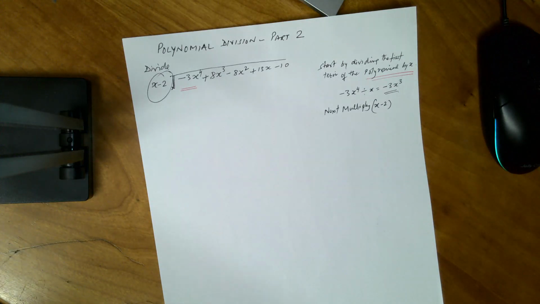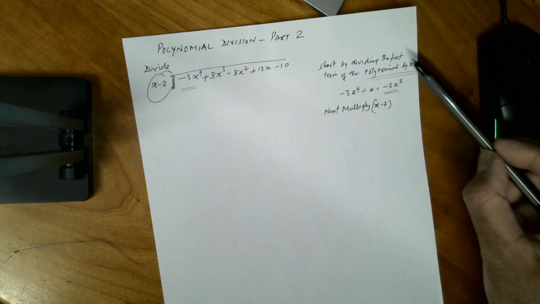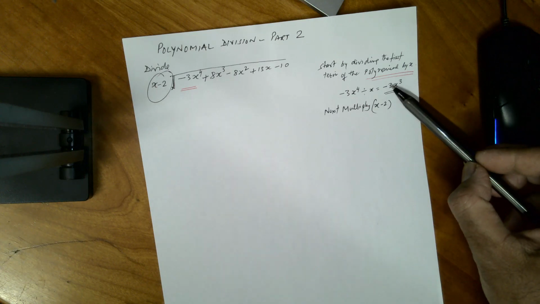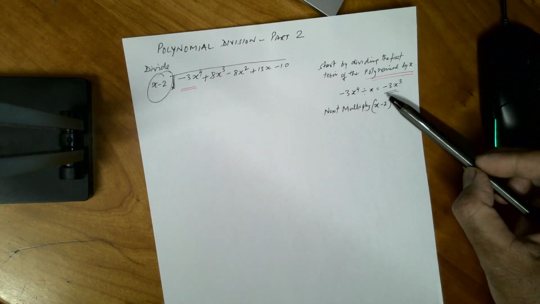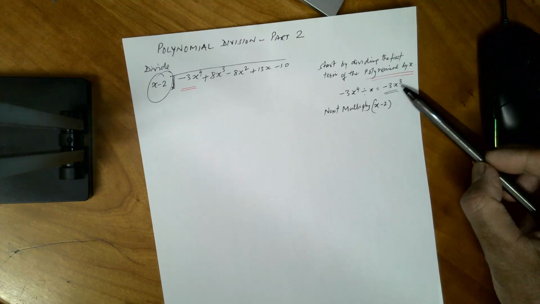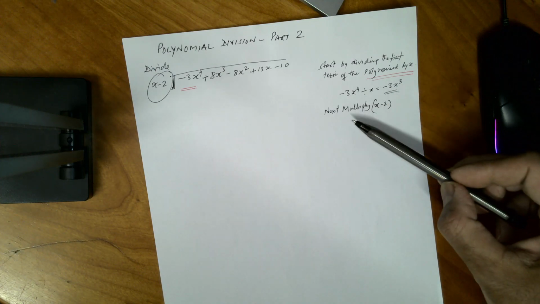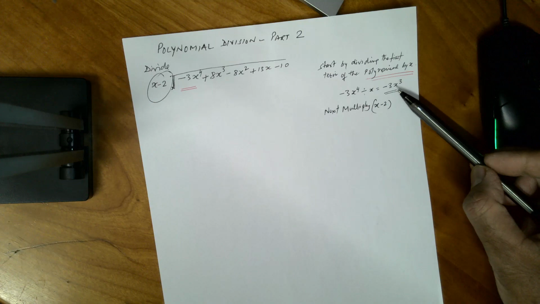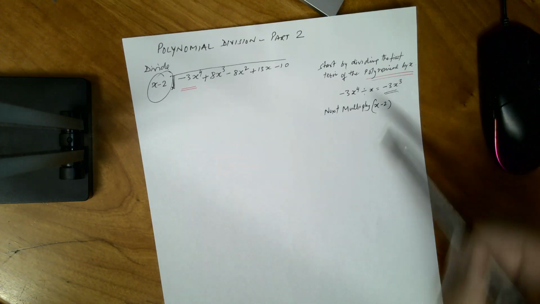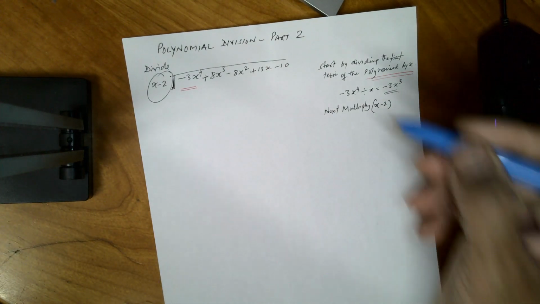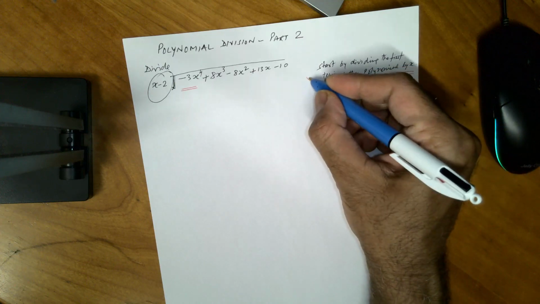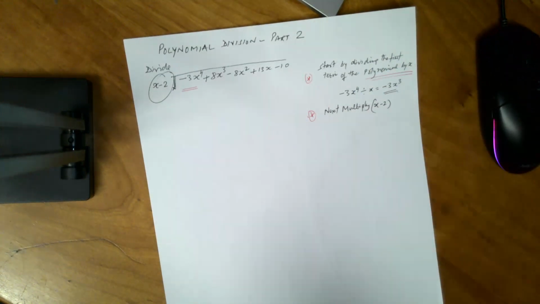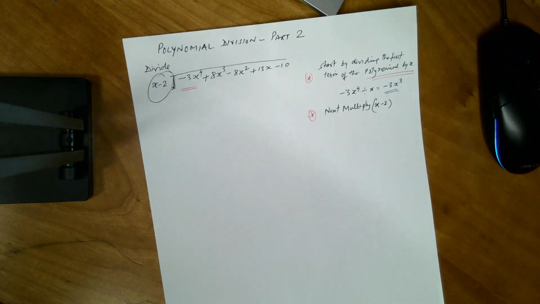Each time you divide your first term, whatever you get, in this example minus 3x cubed, the next step is that we multiply whatever we get here with x minus 2. So divide, then multiply. Please remember that.